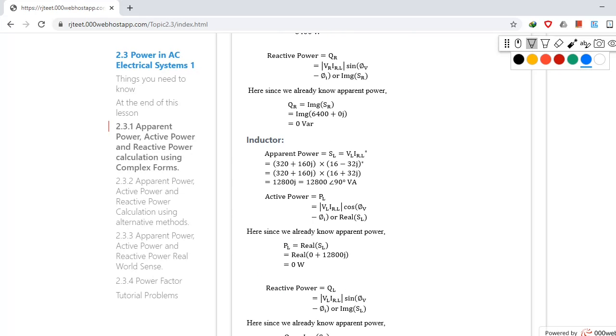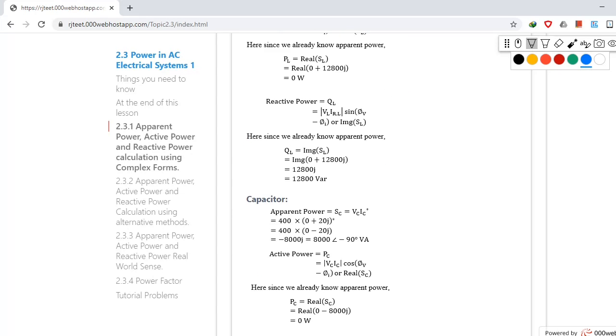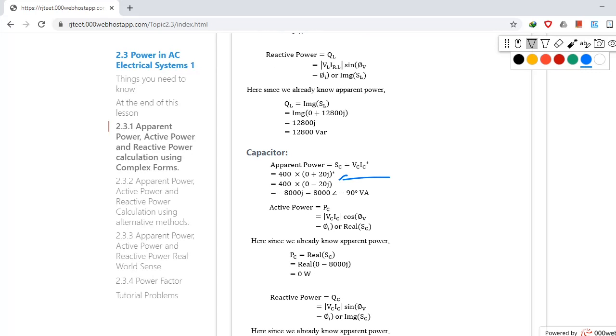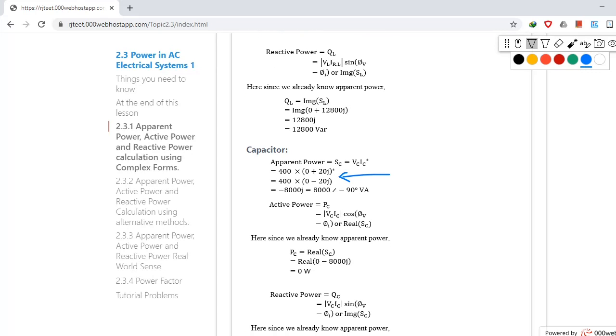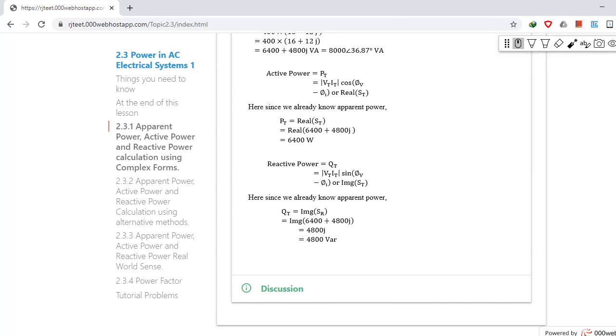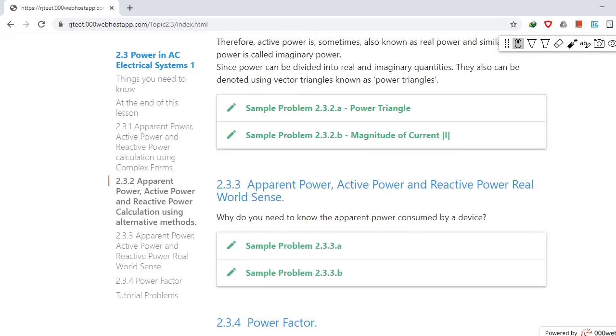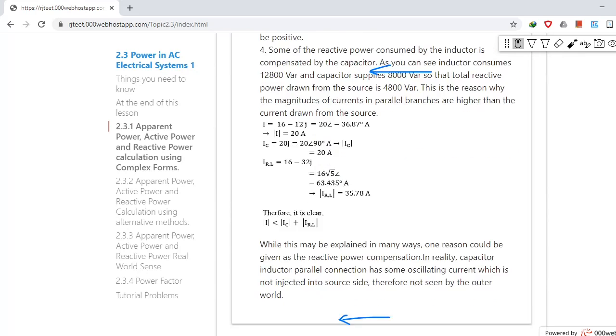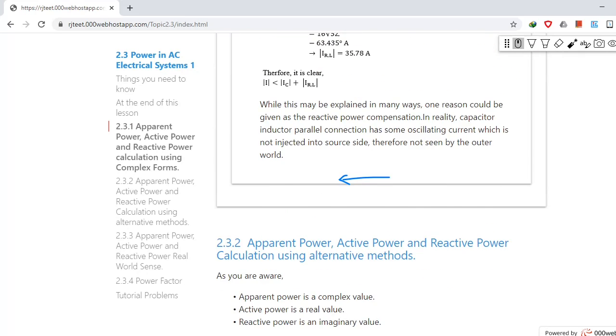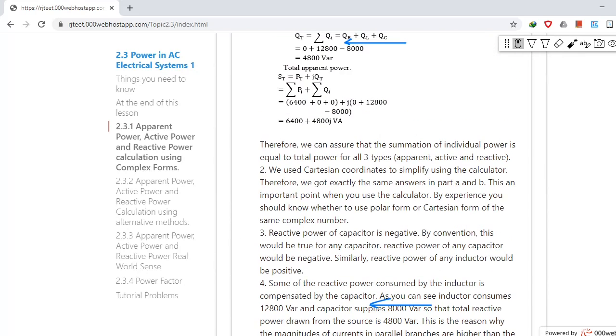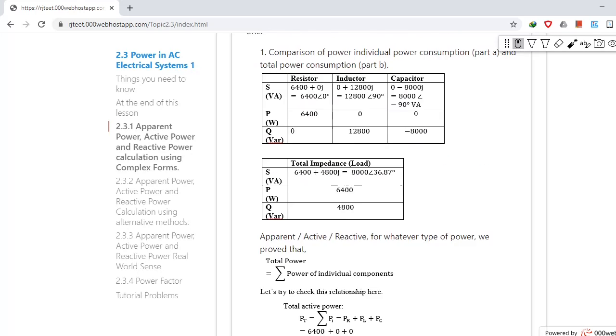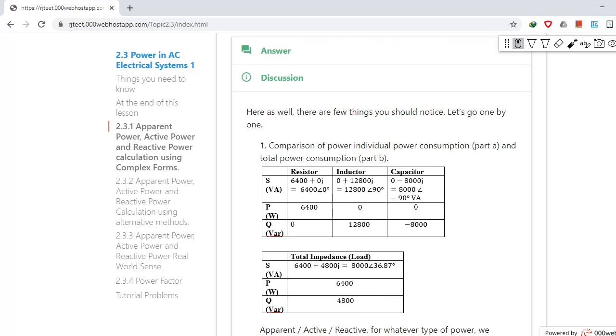As you can see here, here and here, when I happen to multiply complex numbers, I used Cartesian form. So in that way I could minimize the errors in the calculation, right? So therefore it's the same answers I get from part A and part B, right? That's one thing.